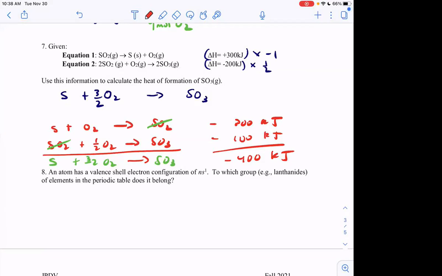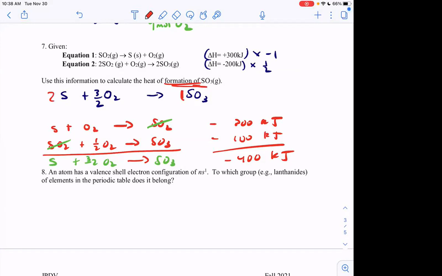Right, you could do that, and then in the end divide the whole thing. This is the key right here: a formation reaction is for the formation of 1 mole of SO3. So you can multiply this all by 2 to make it comfortable on your eyes.